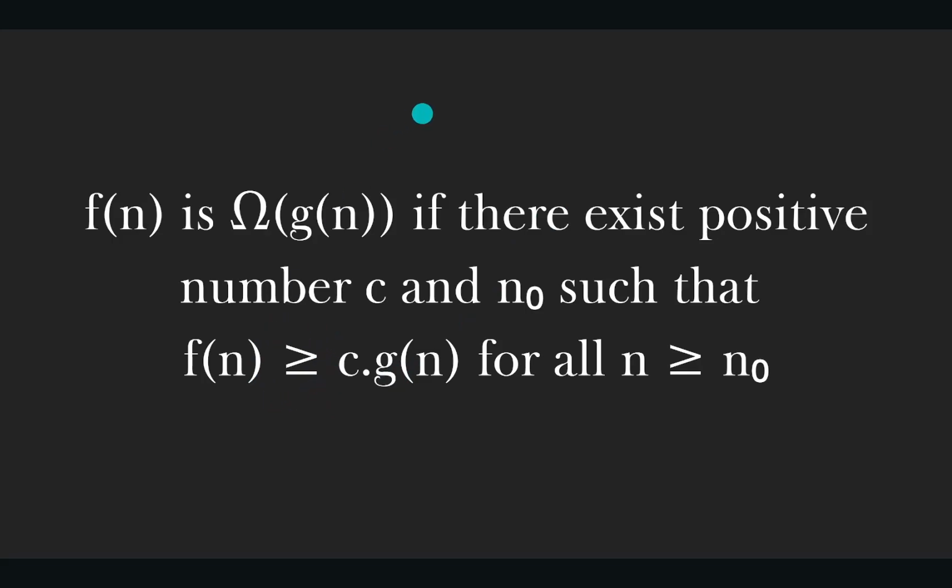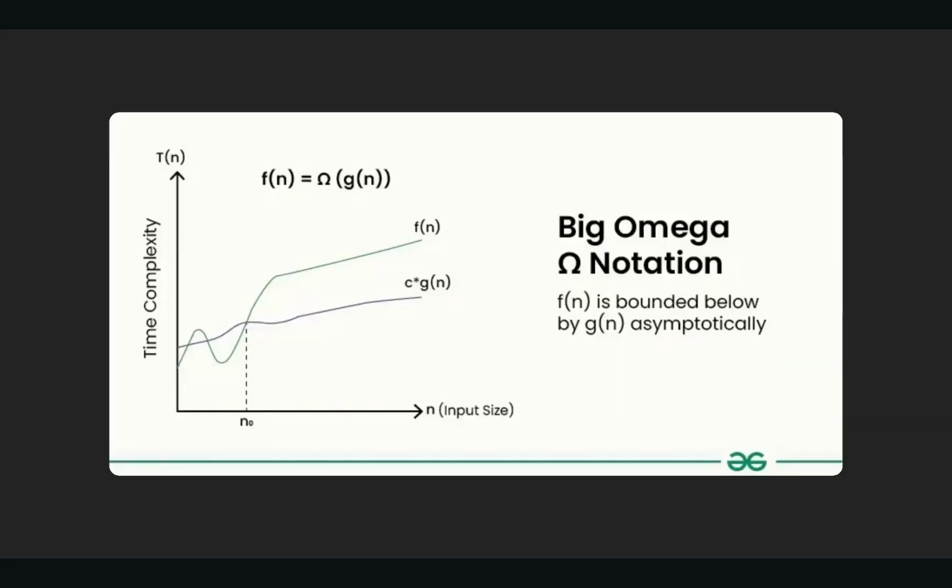So now Fn is big omega of Gn if there exist positive numbers C and N naught such that Fn is greater than or equal to C times Gn for all N greater than or equal to N naught. That's a heavy definition, but it basically means that after a particular N naught value, Fn has to be greater than C times Gn as it reaches infinity.